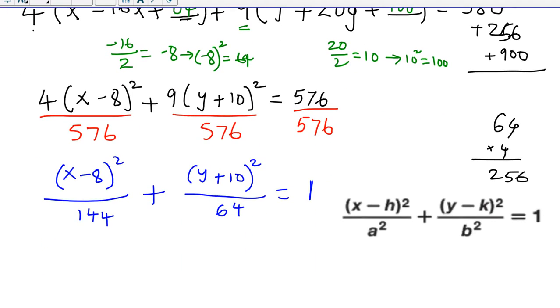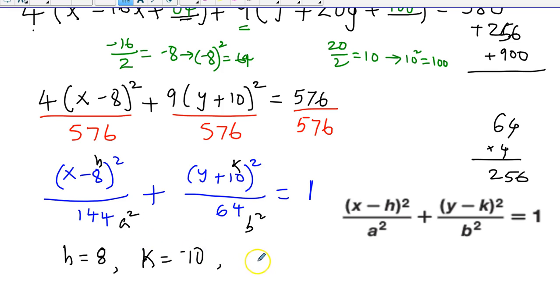So in order to find that, I'll get these things first: h, k, and so on. So h is equal to negative of negative 8, that is 8. k is negative 10.